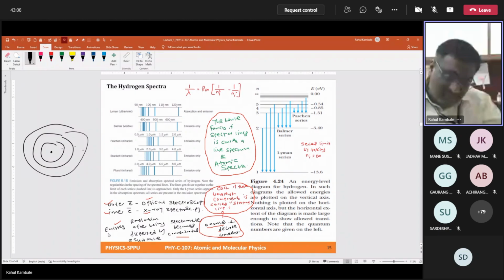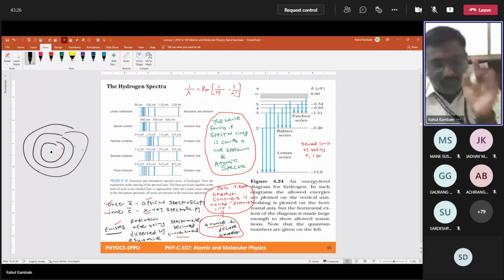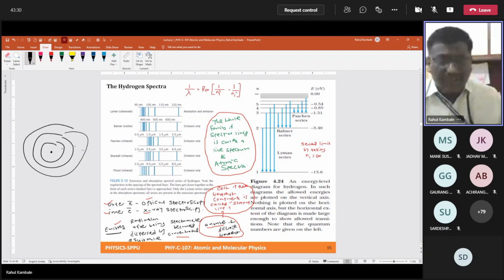Whatever the emitted radiation, after being dispersed by a suitable spectrometer, we can see that some lines are concentrated and give you a number of discrete wavelengths, and each of these wavelength components is called a spectral line. You know the sodium doublet is there, so that is a spectral line for sodium.